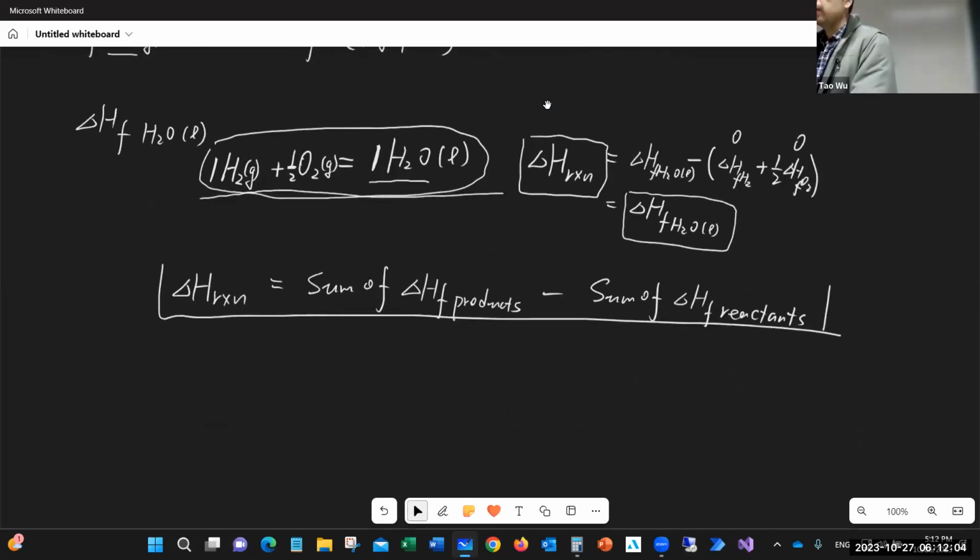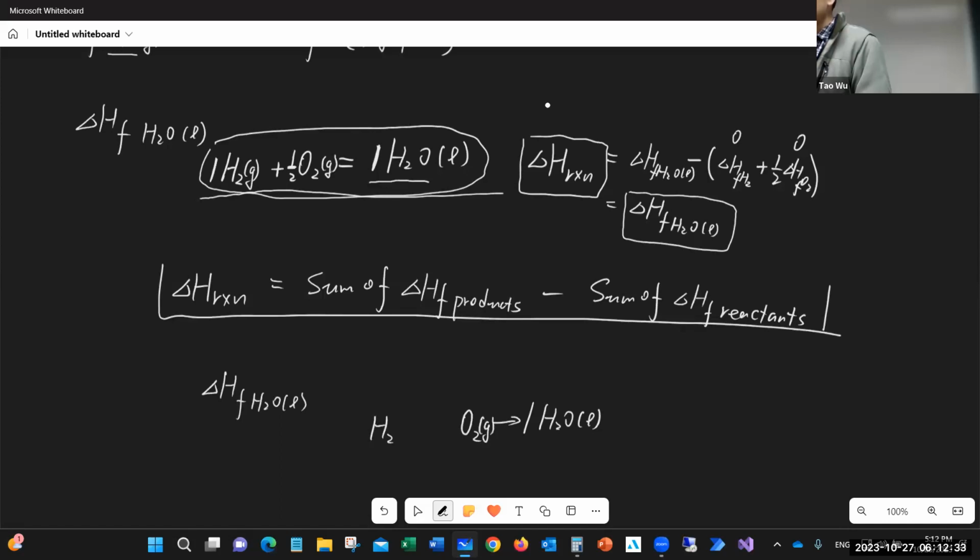And the last one is how to write the enthalpy of formation of something. We talk about it for water. If we want to write an equation associated with the enthalpy of formation of water, the liquid, then it's going to form 1 mole of liquid water. And the reactants have to be the elements in their most stable form.